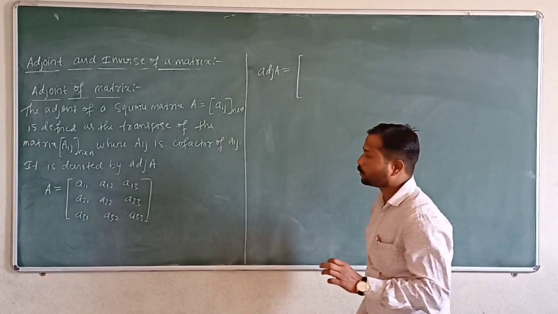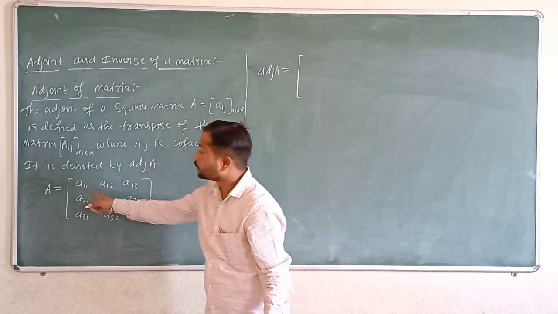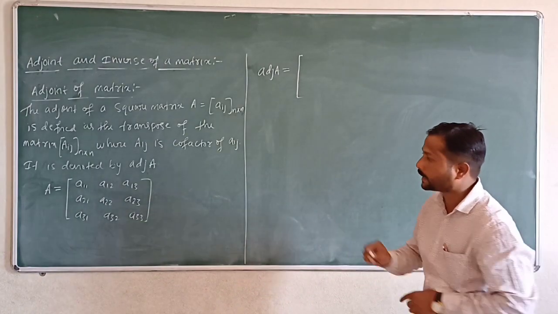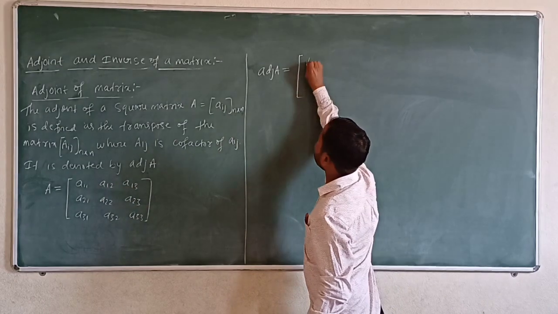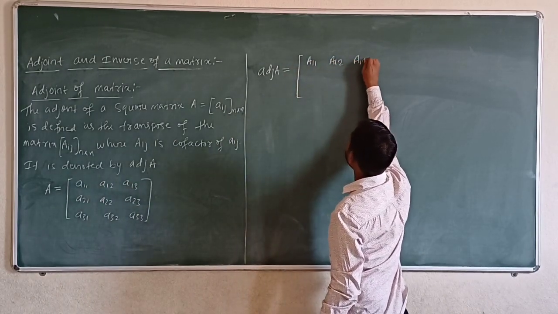First we have to find the cofactors. First find the cofactors of all the elements. Small a11 becomes capital A11, the cofactor, then A12, A13.